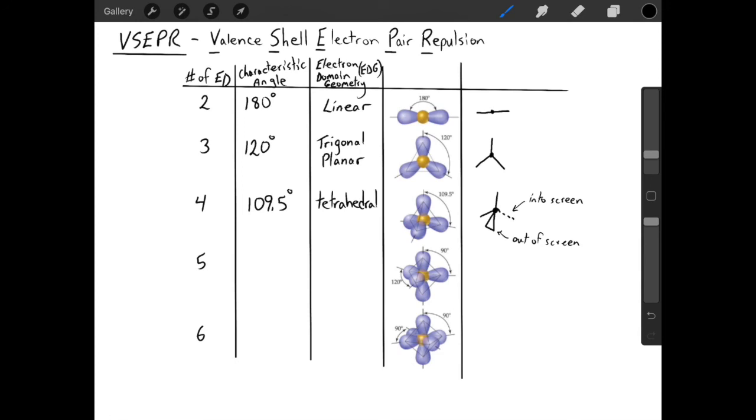And the other 2 remaining domains are arranged vertically, perpendicular to the plane of the other 3. And those are 90 degrees away from the 3 domains in the central plane. And we give this shape the name trigonal bipyramidal. So it's like you have 2 triangular based pyramids stacked on top of one another.